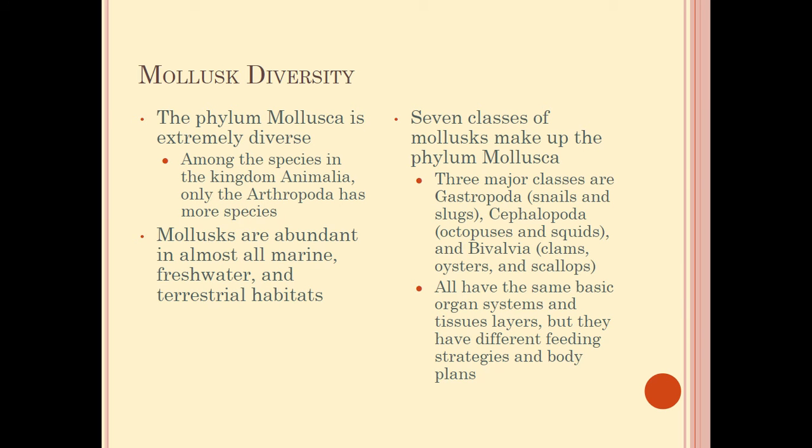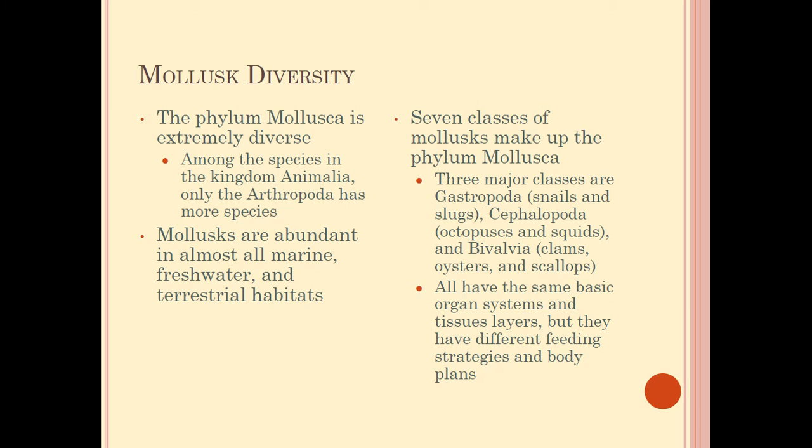So there are 7 classes that make up the phylum Mollusca. These are 3 major categories: Gastropoda, which are our snails and slugs, Cephalopoda, which are octopus and squid, and Bivalves, which are clams, oysters, and scallops. All have the same basic systems for tissue layering, for feeding, for body plan.